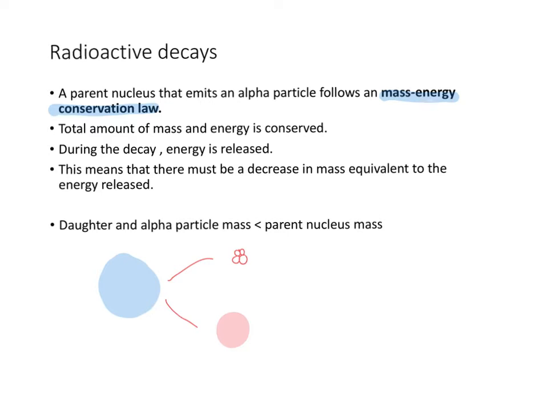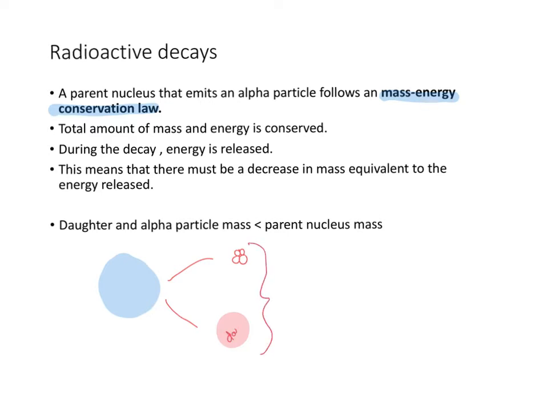So the total amount of mass and energy in a system has to be conserved. Since in this case energy has been released in this decay, there must also be an accompanying decrease in mass equivalent to the energy being released. In other words, the combined mass of the daughter and alpha particle will be less than the mass of the parent nucleus.